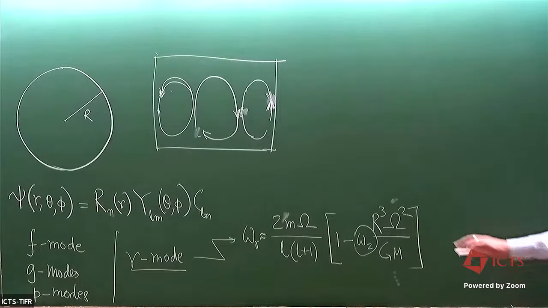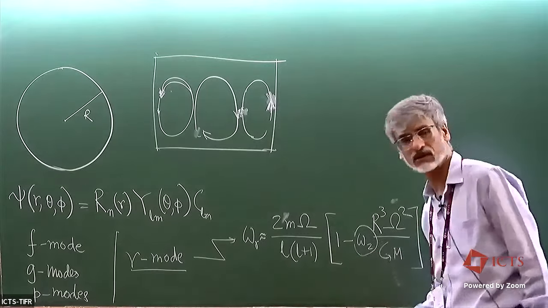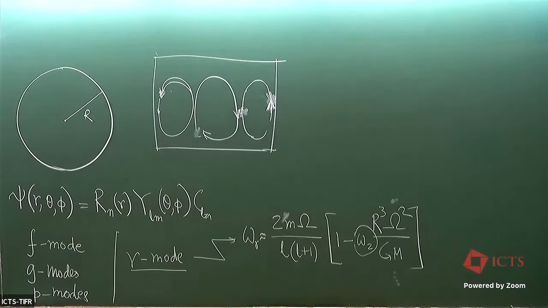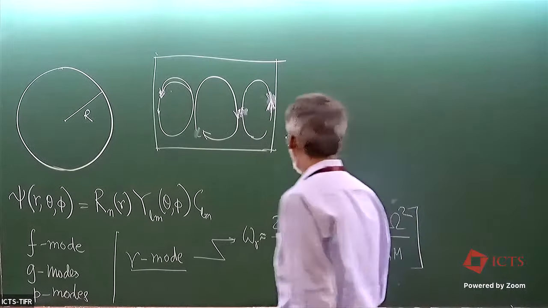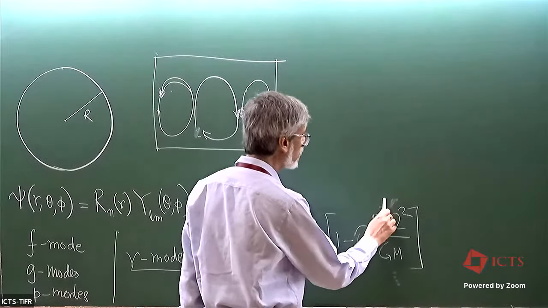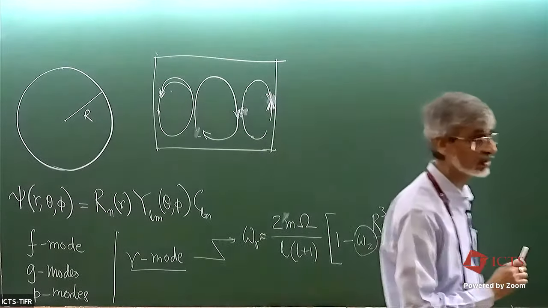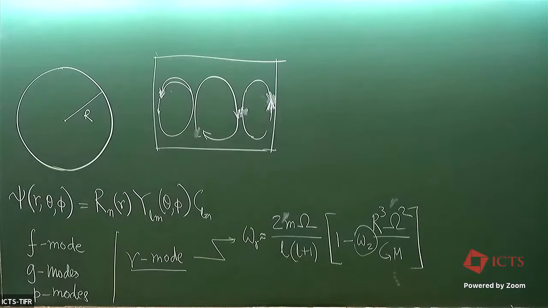So you have to compute an integral over the whole star, and that will give you omega 2. This is a number which is typically less than 1, between 0.4 and 0.8, roughly, for different types of density distribution. So this is one way one can derive constraints on the equation of state if you can find the R mode frequency.